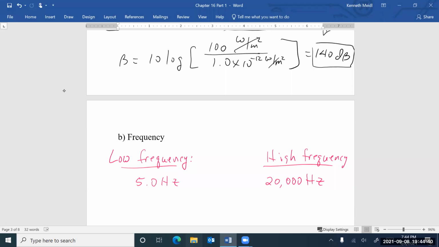My hearing doesn't go up to 20,000 hertz. Some students tell me they can actually hear 20,000 hertz, and that's something we can try. We can just get a function generator and push a speaker at any rate we want and see what you can hear.